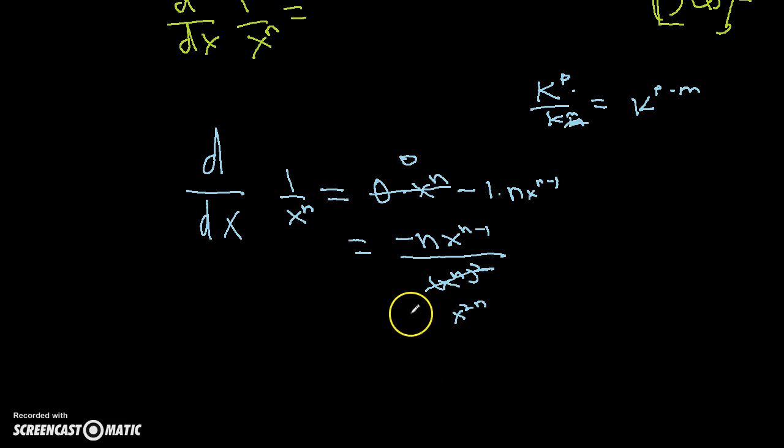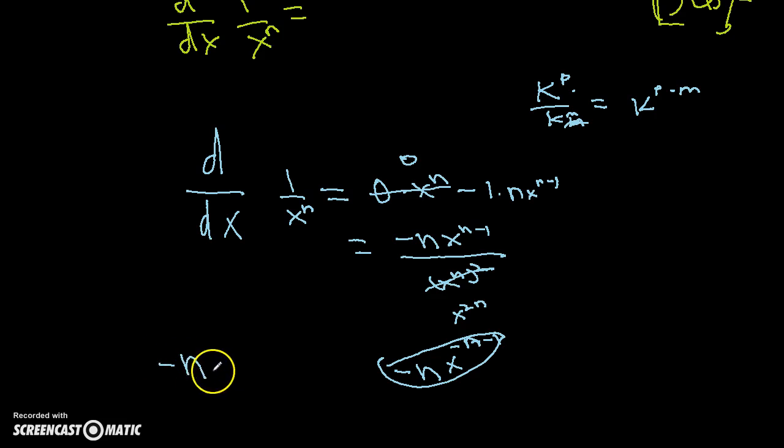Okay, so then we can have negative n times x to the negative n minus 1, and that should make sense. So this is the power rule. It's negative n times x to the negative n minus 1. That's just the power rule because n is the exponent. So that's how you prove it.